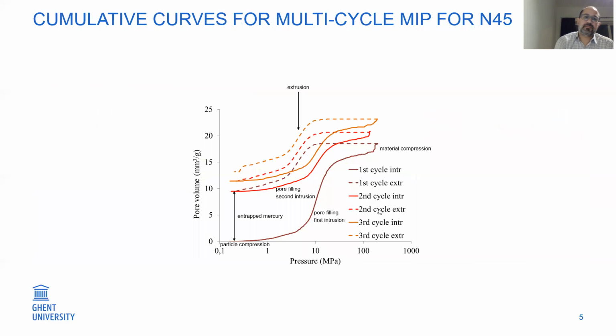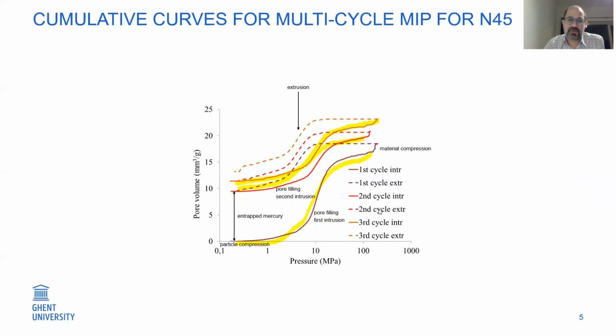So here we have an example of the cumulative curves for multi-cycle MIP. This is for N45, concrete made with OPC and 0.45 water to binder ratio. We see the first cycle of intrusion that completely fills the internal porosity of the material, and the second and third cycles of intrusion do not add any irreversible volume of intruded mercury.